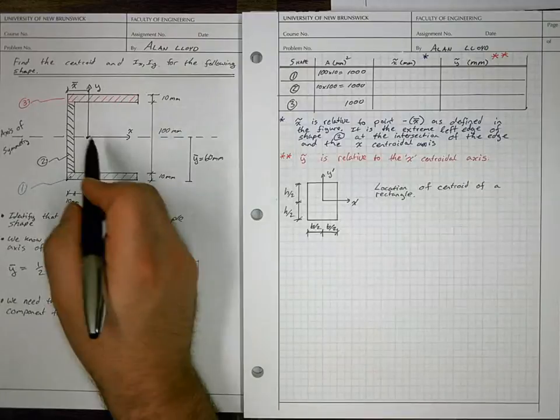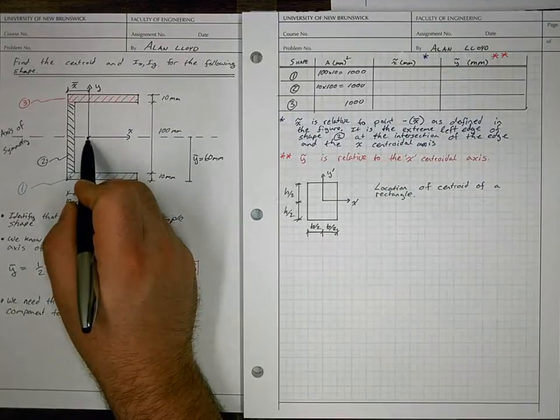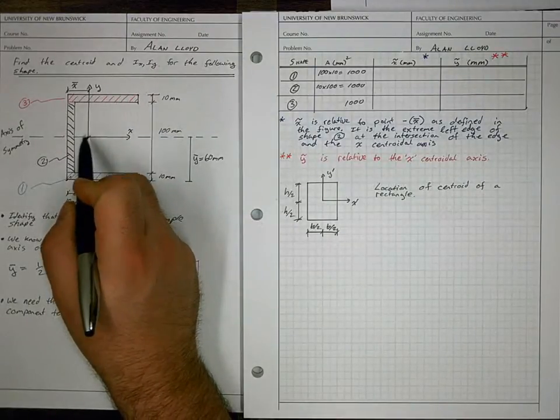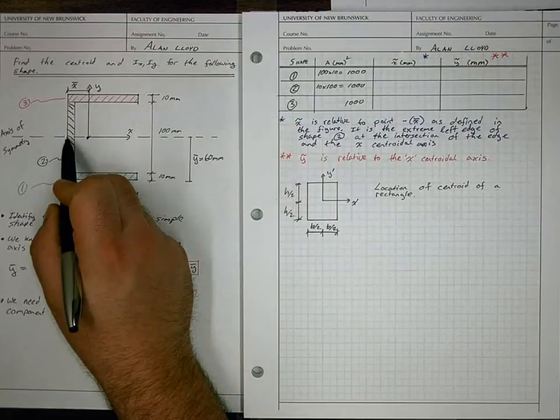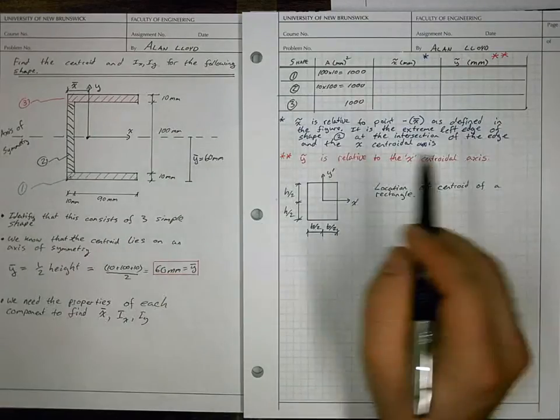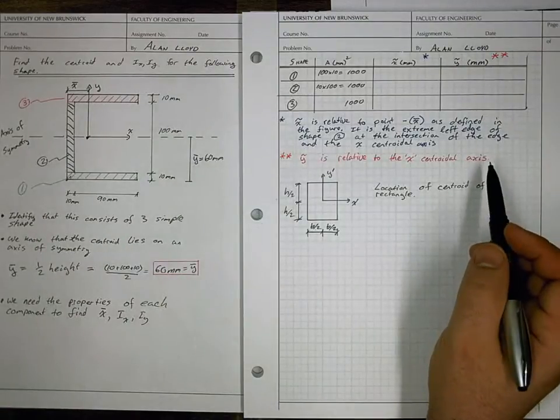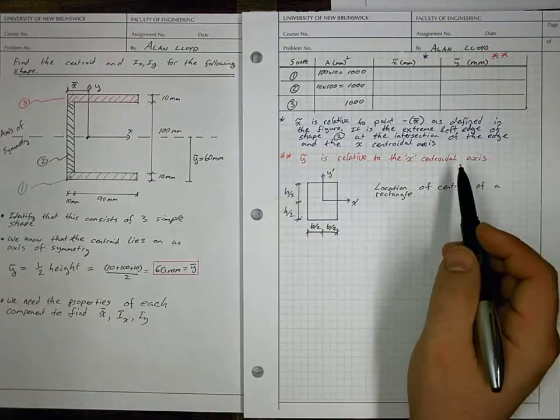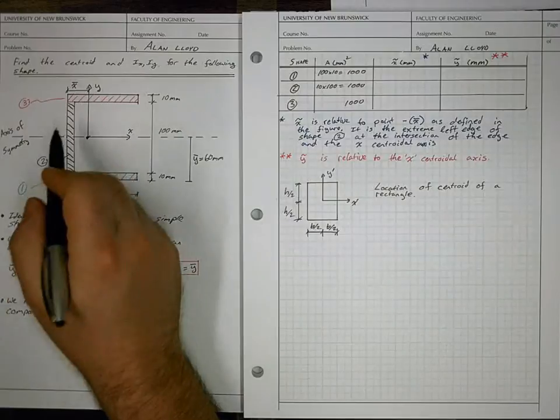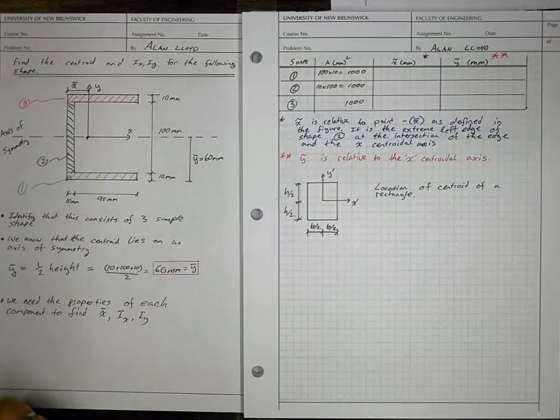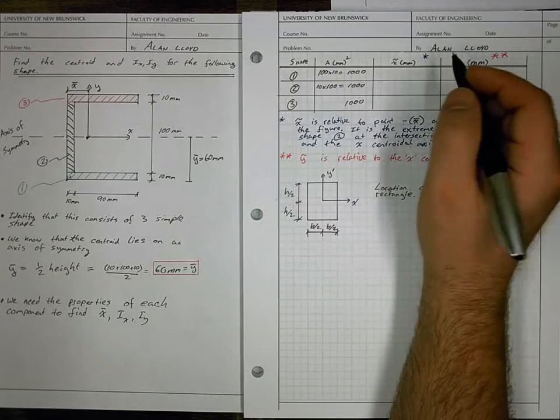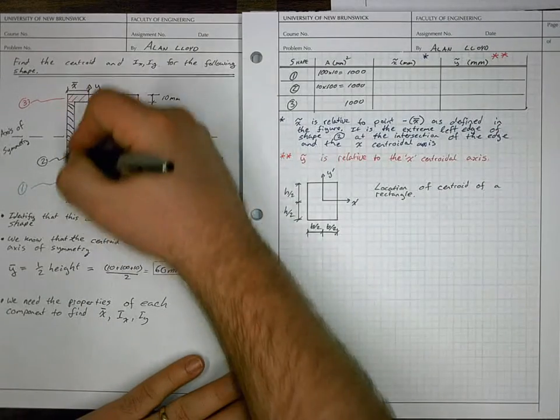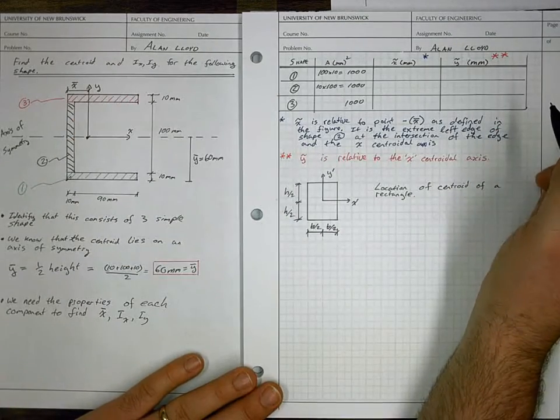So if we come to x equals 0, and then go over minus x bar, we're at a point here. And so essentially we're at the far edge of the shape, at the intersection of the edge of the shape and the x centroidal axis. So we're at this point, and we're going to define x tilde with respect to that point, or really any point on this extreme edge of the shape.